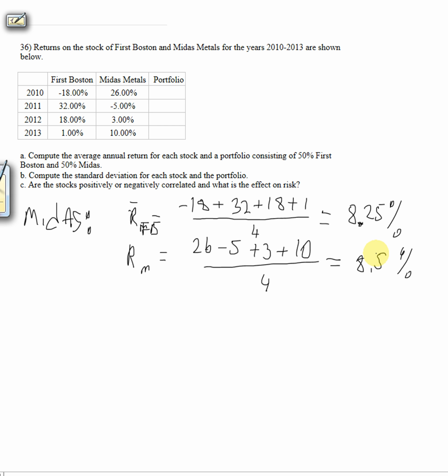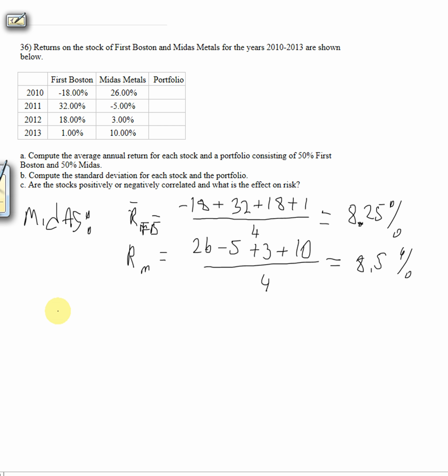Now we need to calculate the standard deviation for the, wait a second, so we need to also calculate the portfolio returns. So these are average returns for each of these, but for portfolio returns, so for each year, basically we need to calculate here.